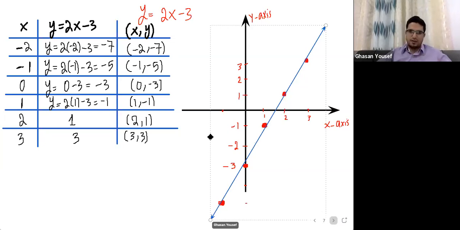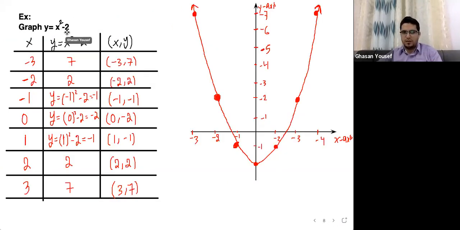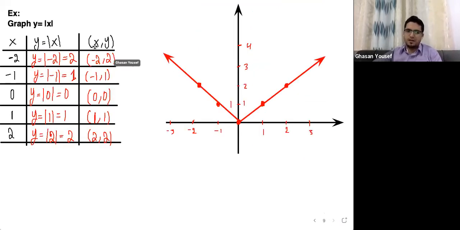Then I moved to the quadratic equation, x squared minus 2, and the graph looks like a parabola. And then y equals the absolute value of x. It looks like a line, but this graph does not go under the x-axis. The values are positive, and all the answers are above the x-axis. Any question for this example?